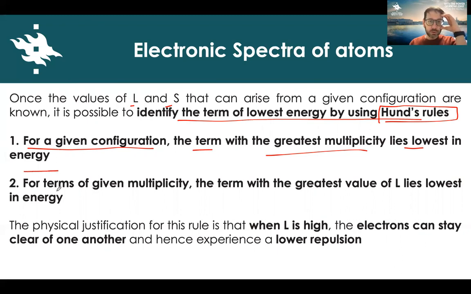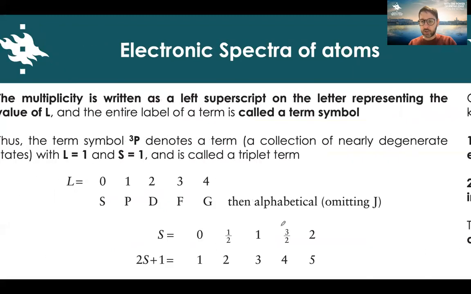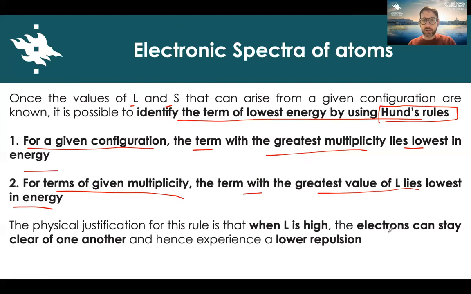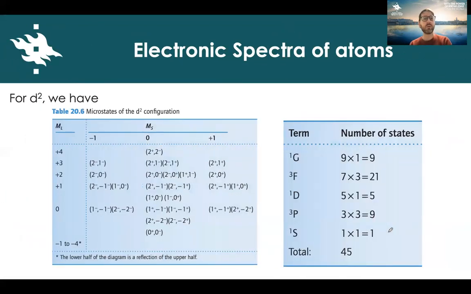And for terms with a given multiplicity, the term with the greatest L lies lowest in energy. The reason is that when the angular momentum is high, electrons can stay away from each other and therefore experience lower repulsion. The same applies for greater spin multiplicity, because this means a higher number of unpaired electrons, which also leads to lower repulsion, with parallel spin configurations.